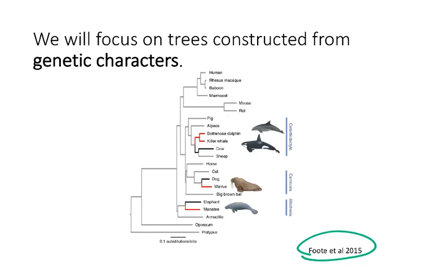And the reason why I mentioned that we're looking at genetic characters is that you can build trees based on morphology, but the trees you might build based on morphology don't always match the tree you might build from genetic characters. So if we're thinking about marine mammals, for instance, marine mammals have these flippers, they have the flukes. So morphologically speaking, they look relatively similar. But if we build a phylogeny based on their genetic characteristics, their genetic sequences, they're not all that closely related.